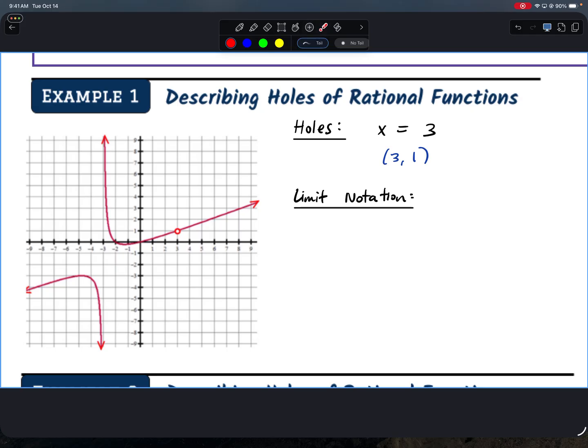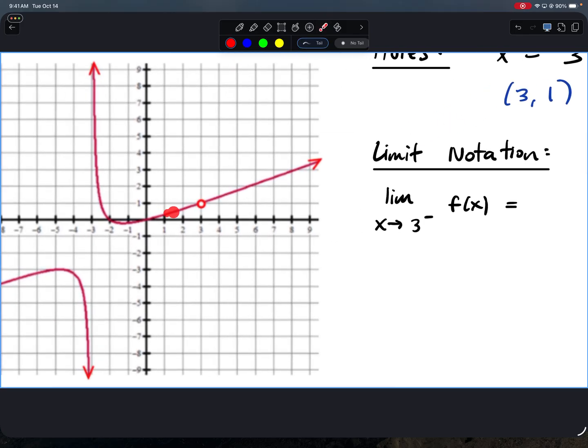If I'm on this side of 3 going towards the hole, so this is the left side of 3, the limit as x approaches 3 from the left of our function is equal to, on the left side of 3, if I get really, really close to the hole, what is the y value getting close to? 1.